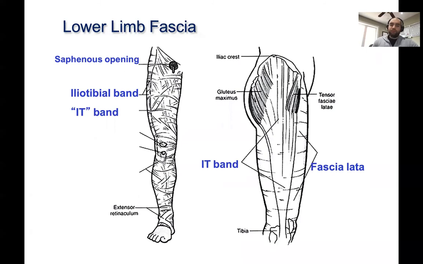Now, if you've ever had the privilege of being able to dissect a cadaver, you'll notice that when you pull at this IT band, it's really tough. One common misconception I hear from a lot of people, especially in the rehab world, is that you can roll out your IT band. This is actually false.